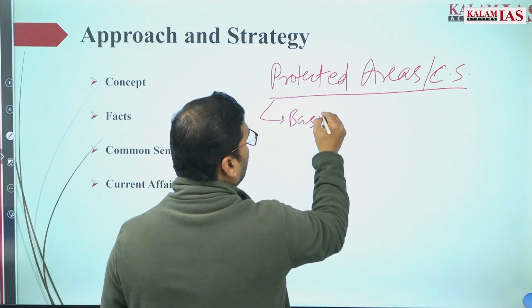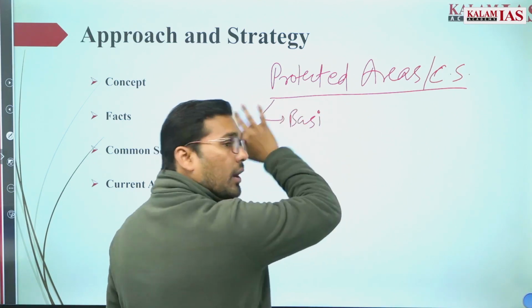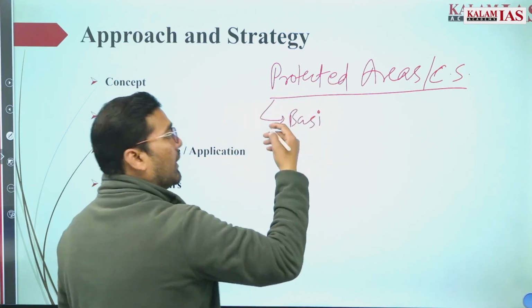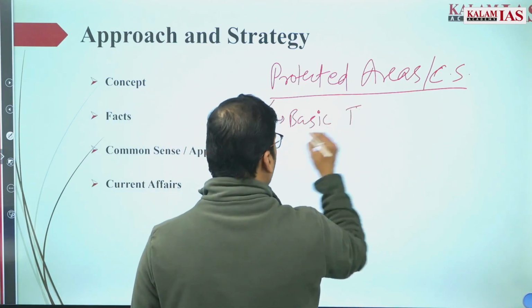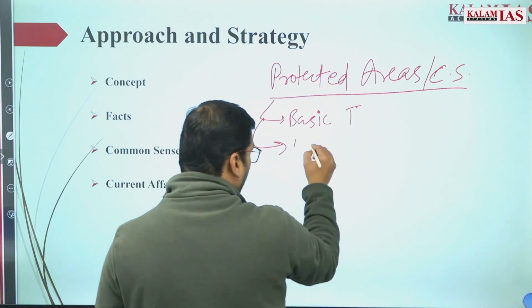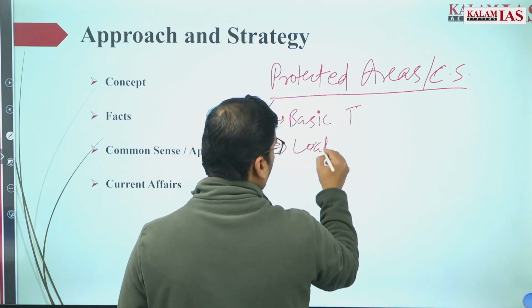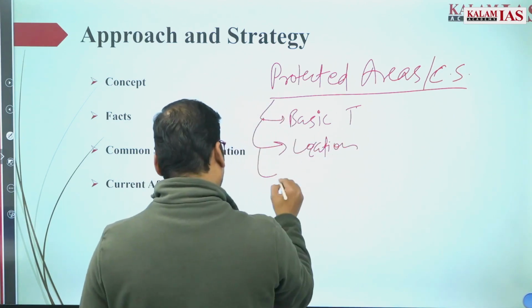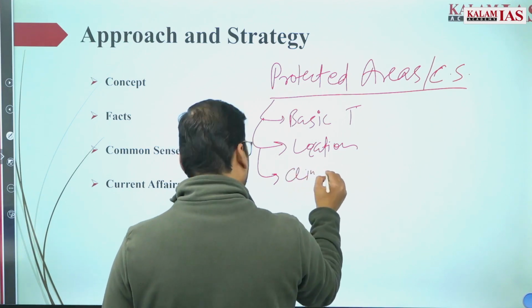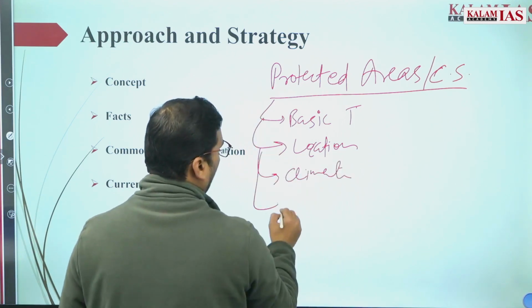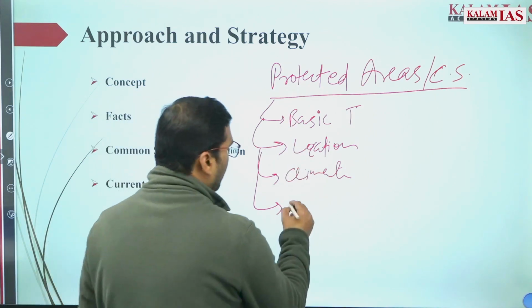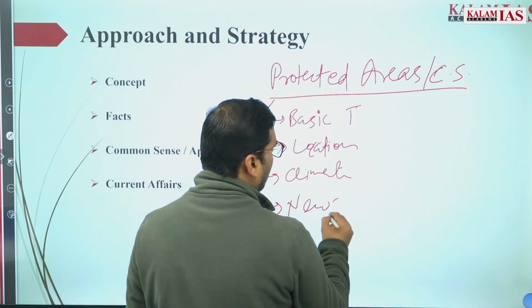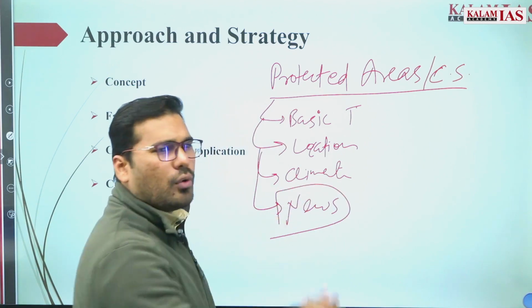What is the theory or concept behind establishing these conservation parks or conservation sites and protected areas? Then you will get to know the location of it, the climate of these regions, and if the sites are in the news, you will be able to know it. That is the current affairs part, the flora, fauna, right?